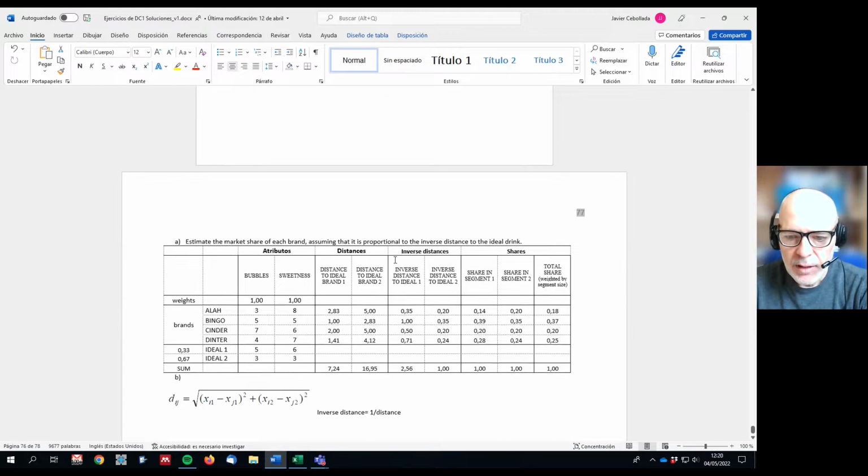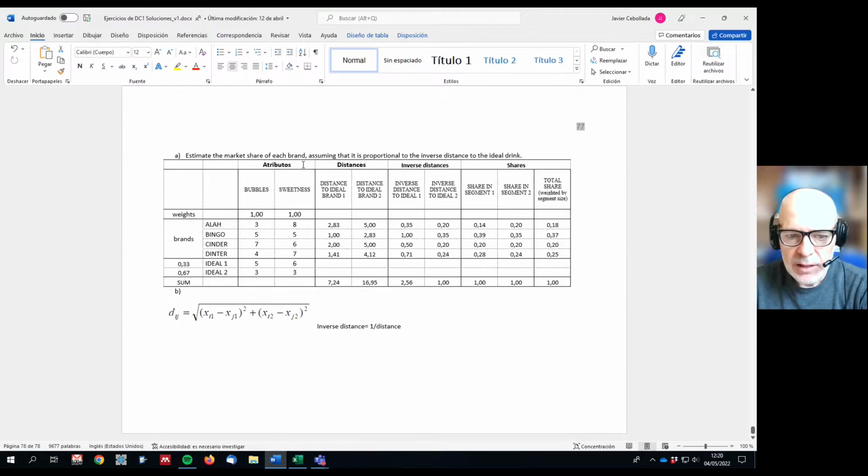Okay, then second, estimate the market share of each brand, assuming it is proportional to the inverse distance to the ideal drink. So we have here all the data, the brands, the ideal brands, the scores. Let's compute first the distance from each of the brands to each of the ideal brands, ideal brand 1 and ideal brand 2, using this distance.